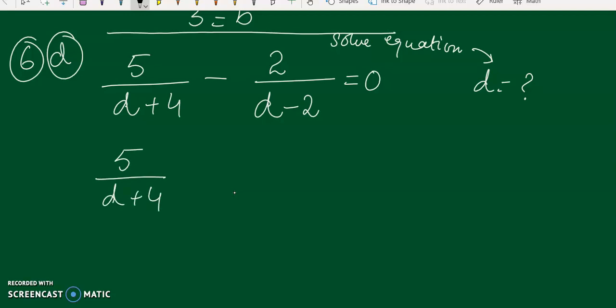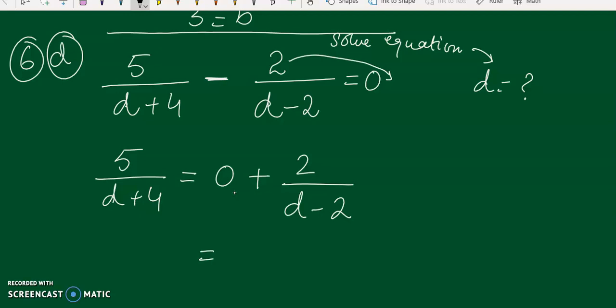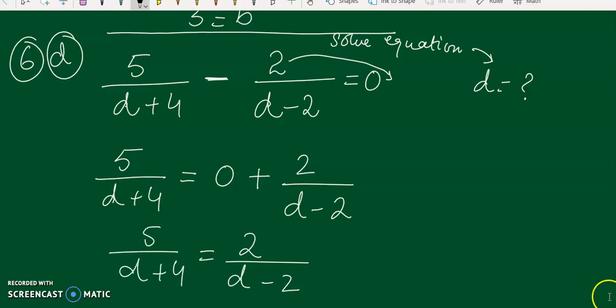How? कैसे? ये एक subtraction का sign है और अगर मैं इसको दूसरी साइड पर ले जाऊं और 0 के अंदर इसको प्लस कर दूं like this, क्योंकि इस साइड पर ये subtraction में था. When it will go to the other side, it will be added in 0. Now anything added in 0 is again the same, means 0 से उसके ऊपर कोई इफेक्ट नहीं होगा and we will get the same value.